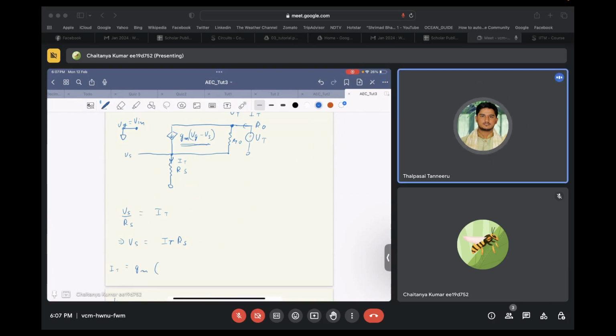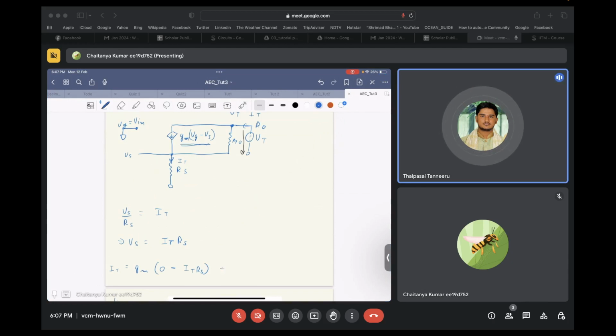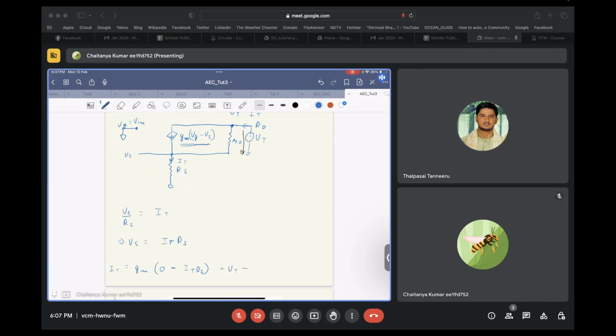VG is Vin, and what did we do with Vin? We made it 0. So it is 0 minus Itest Rs. And what is the other current? VT minus Vs by R naught, and Vs is Itest Rs, so (VT minus Itest Rs) by R naught.